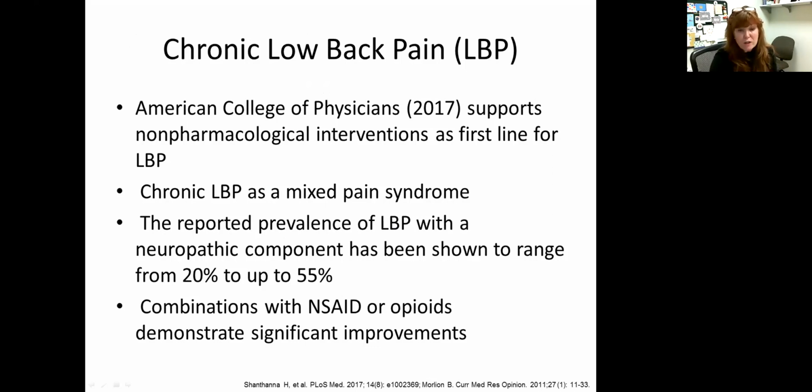So we want to make sure that we're treating patients, again, not just with narcotics, but with other potential pain management, topicals, etc., if appropriate, because then it's a bit like a broad spectrum antibiotic. You're hitting different modalities or pain problems, and then again, potentially reducing your opioid use.